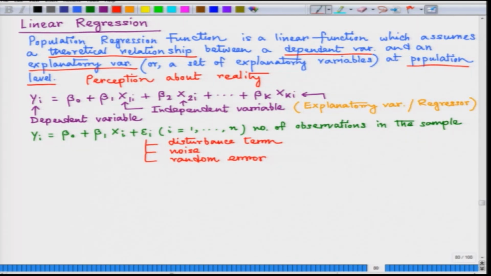Now, quickly let us note down the interpretations for these parameters beta naught and beta 1.